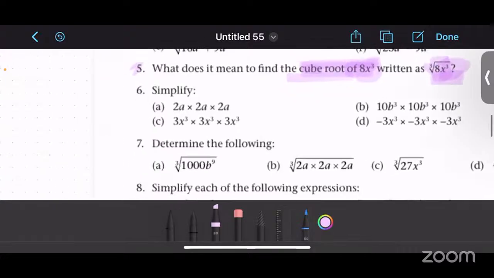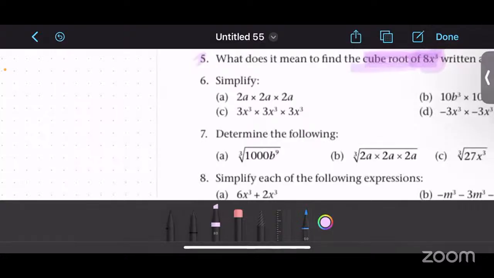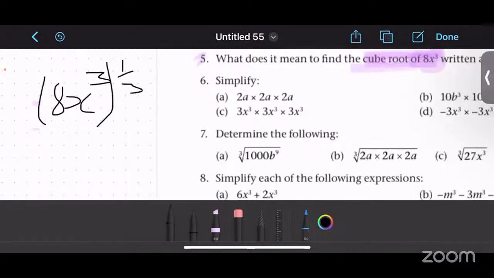Wait, can you say that again? Open bracket, 8x to the power 3, close bracket, to the power 1 over 3.